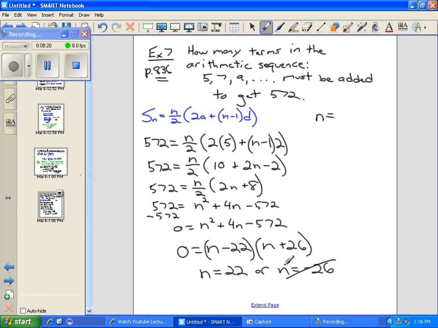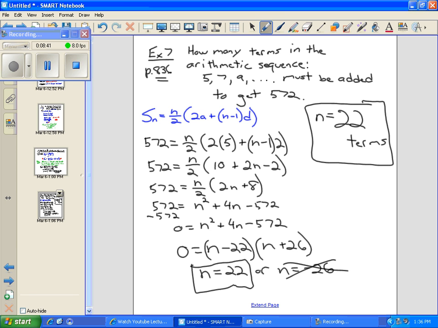So this one we want to get rid of, and your actual answer here is 22. Okay, you would have to add the first 22 terms together of this arithmetic sequence to get 572. So final answer there is 22. I guess we'll write terms next to it. That's what you got to add to get 572.